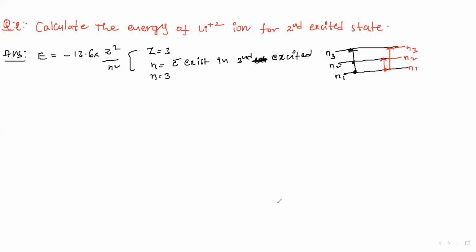Okay. And here the N value is also 3. Substitute those values in the formula: minus 13.6 into Z square, which is 3 square, by N square, which is 3 square. So both cancel. So the answer is minus 13.6 electron volts per atom.